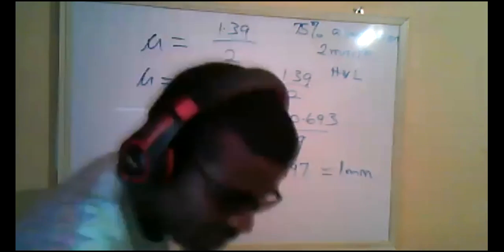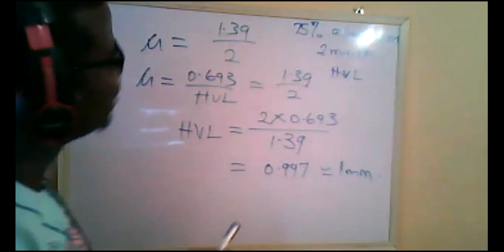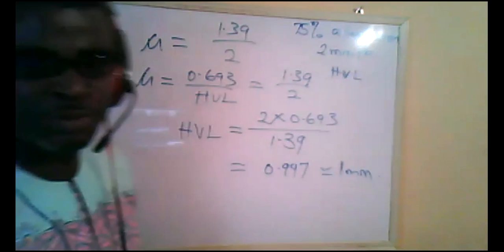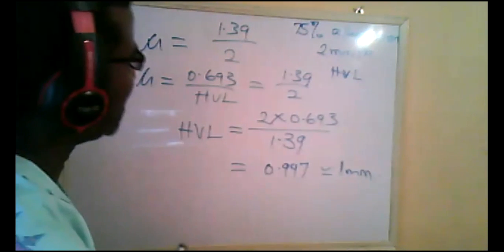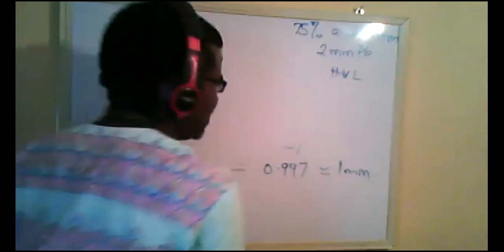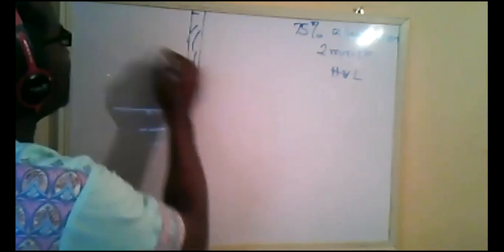But there is a quick way of looking at this. Of course, this is the most correct way of solving this equation. But if you look at the question, some of these MCQs are designed in a way that you don't need to use any calculator. 75% was attenuated.